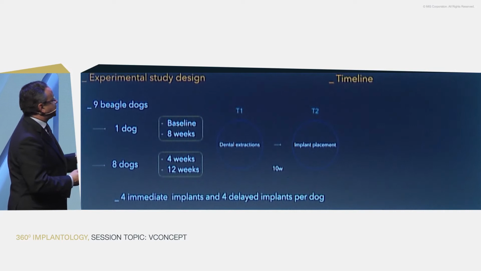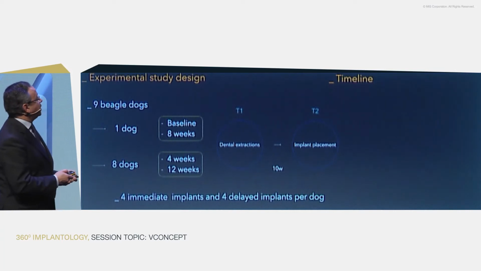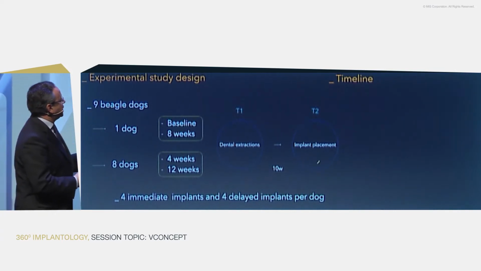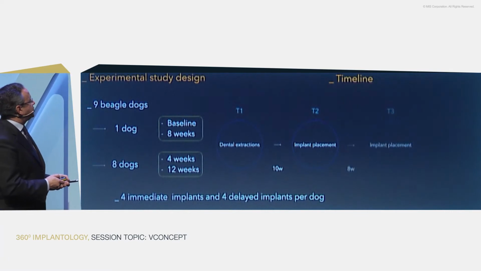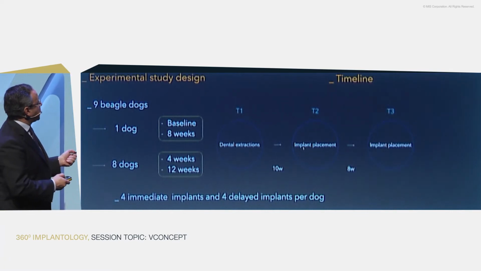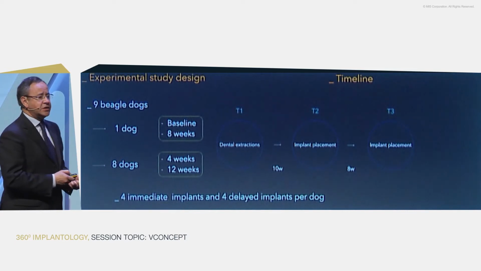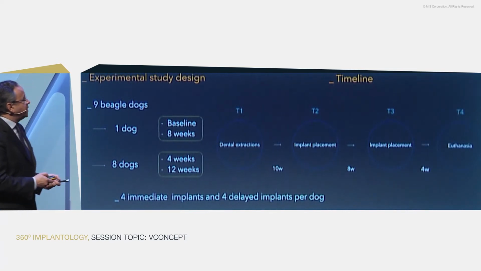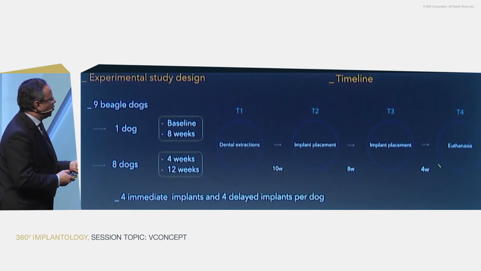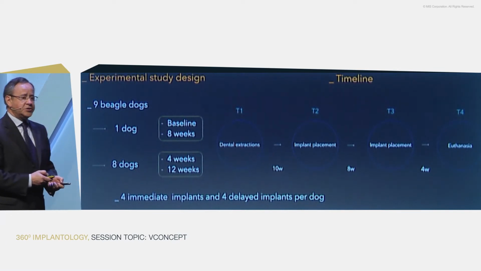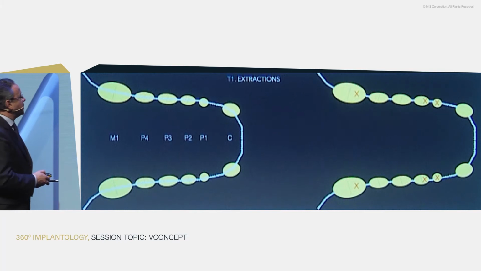We waited 10 weeks for the crest to heal, and then we placed implants in healed ridges, and at the same time, we waited 8 weeks, and then we placed implants immediately. We waited 4 more weeks, and then we did the specimen collection.